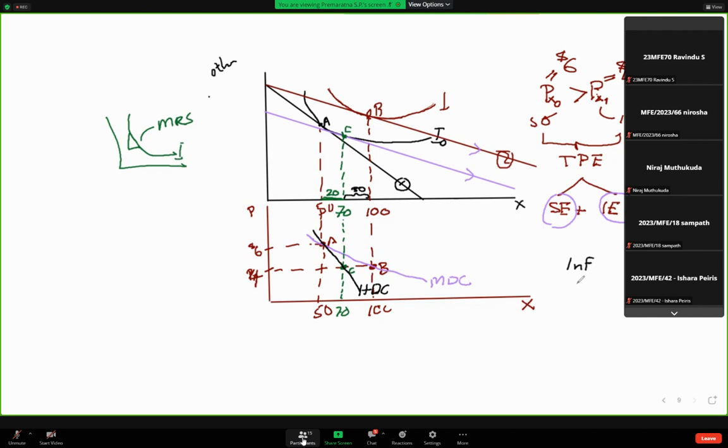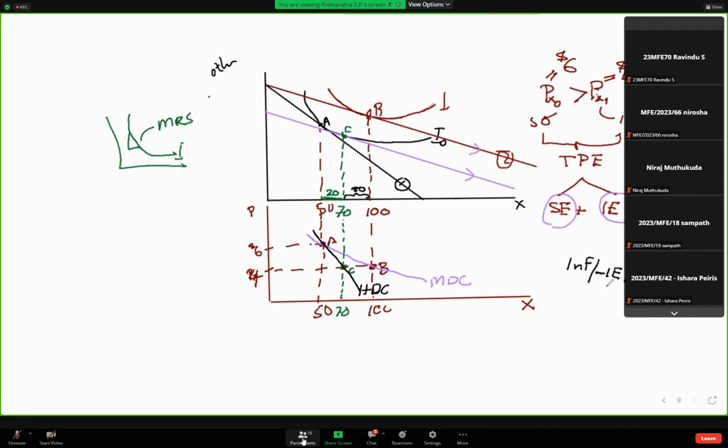In fact, for an inferior good, the income effect is negative, but the negative income effect is less than the positive substitution effect.